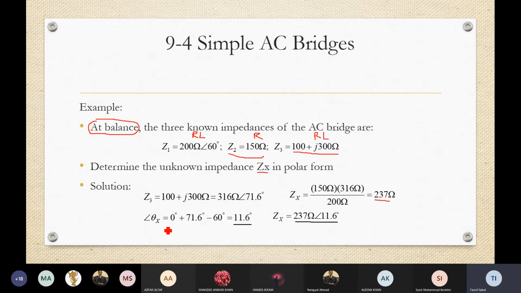So therefore we can find the value of the unknown impedance. Its phase angle is going to be 11.6 degrees. So this is how we can calculate it if we already know that the bridge is at balance.